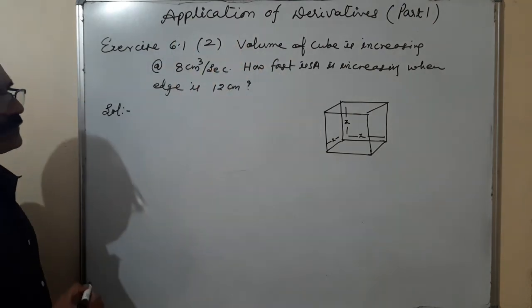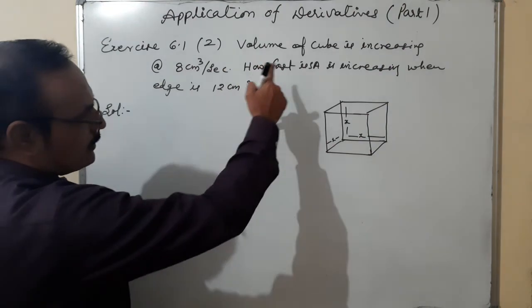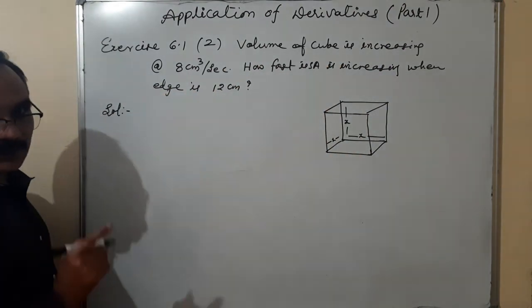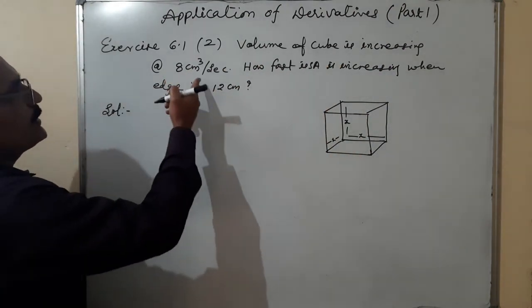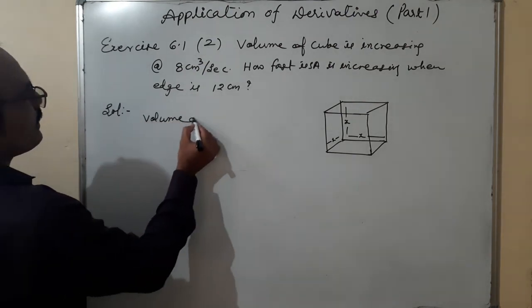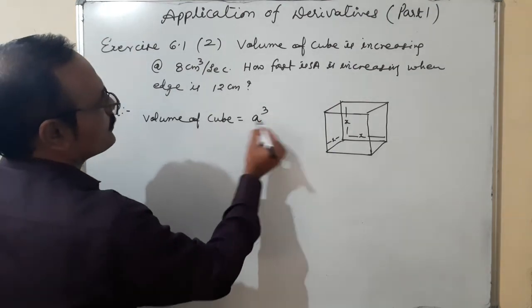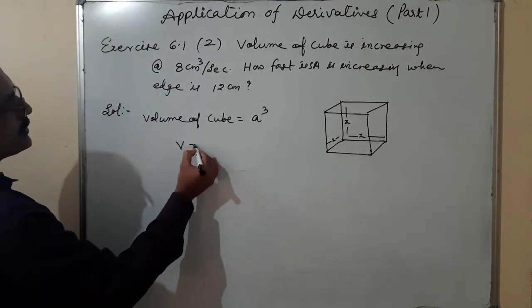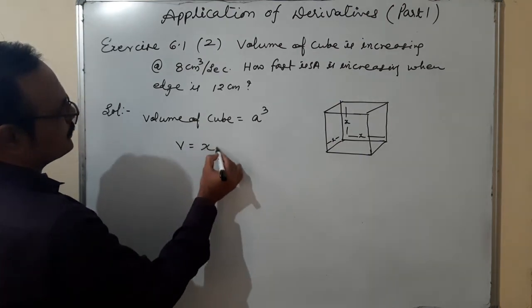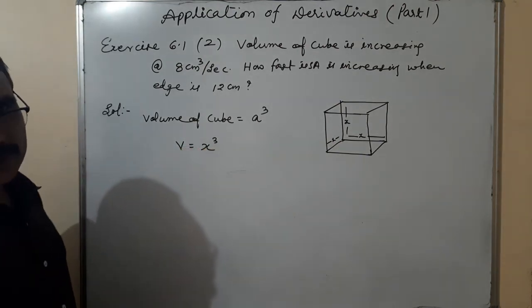Things which are given, volume of cube is increasing. So first I am writing here the volume of cube is equal to a cube. This is a formula. So I'll write here V volume is equal to a cube, means it is x cube. Is that okay? V is equal to x cube.